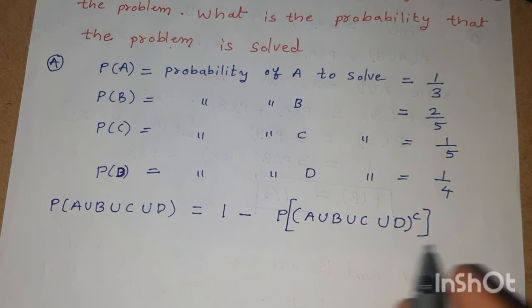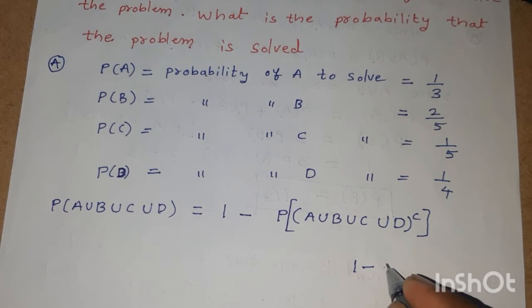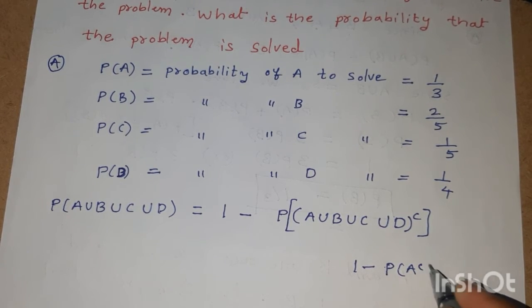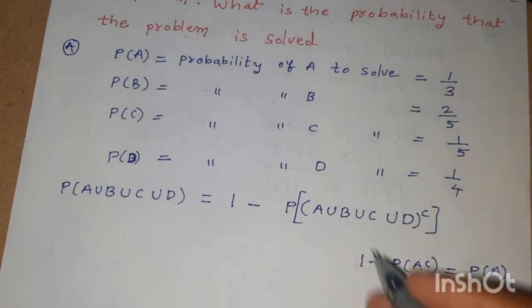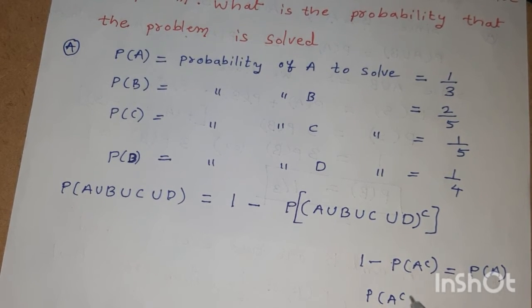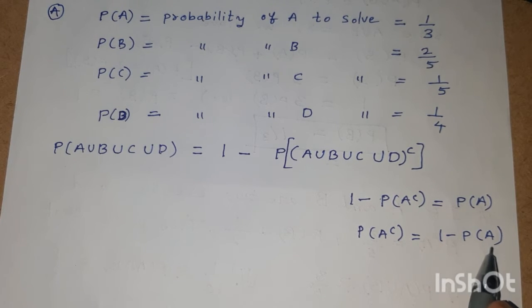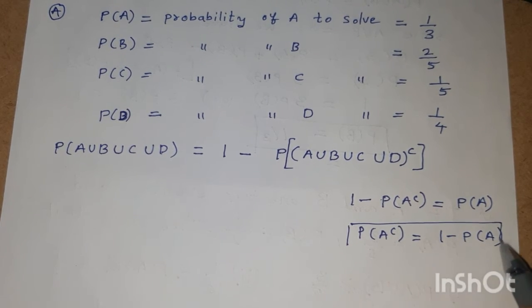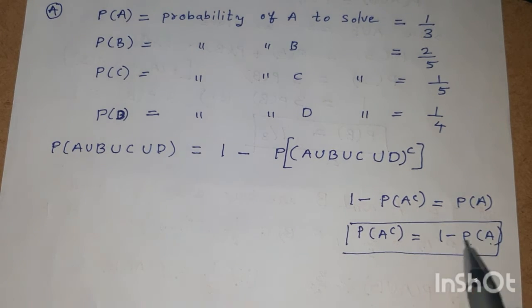By the formula, we already know that P of A complement is equal to 1 minus P of A. Already we have proved it. By this we get P of A is equal to 1 minus P of A complement.